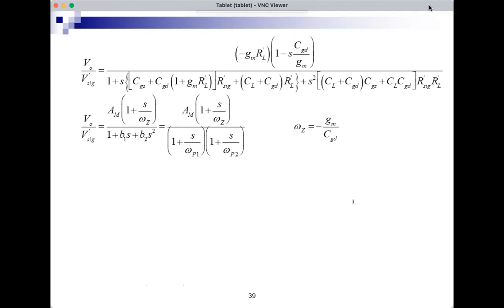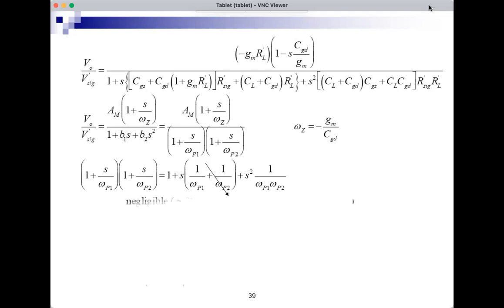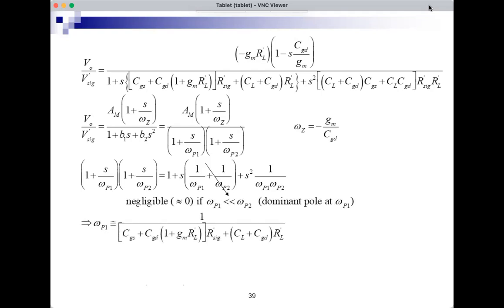I can multiply the two factors and say that if omega p1 is dominant, then 1 over omega p2 would be negligible compared to 1 over omega p1. So if omega p1 is much less than omega p2, 1 over omega p1 would be much larger than 1 over omega p2.